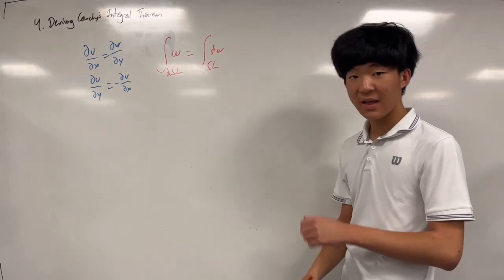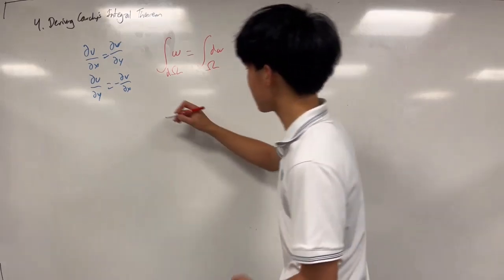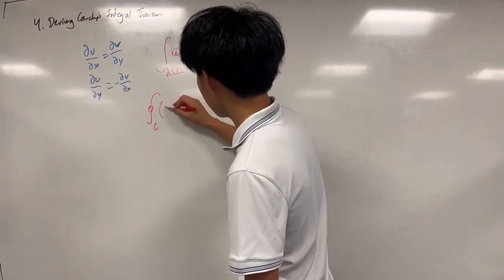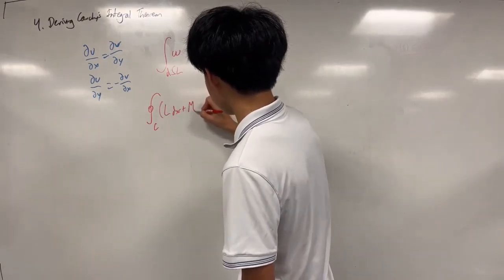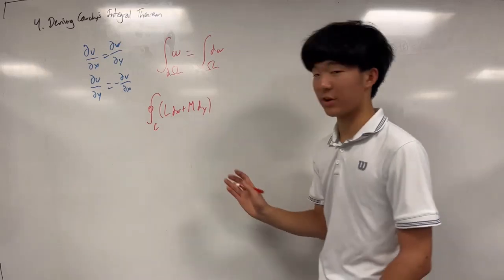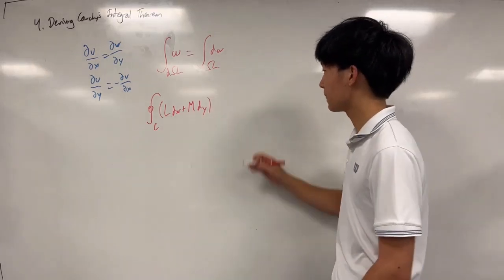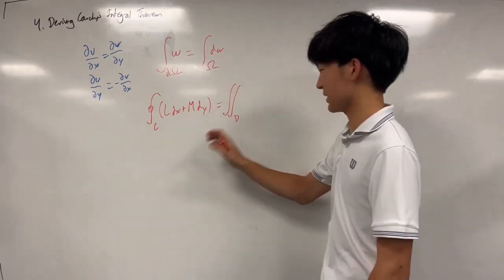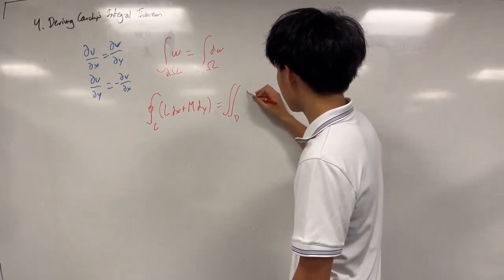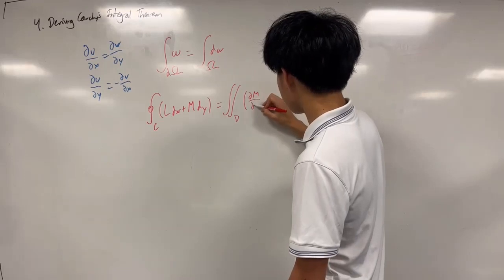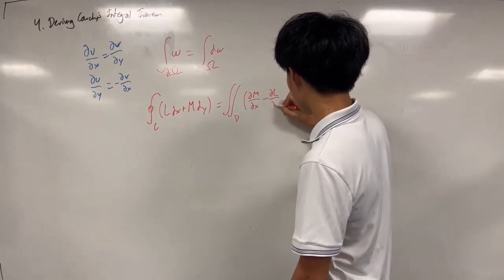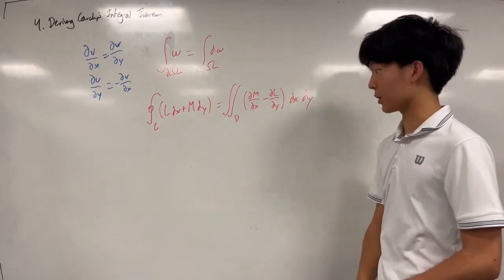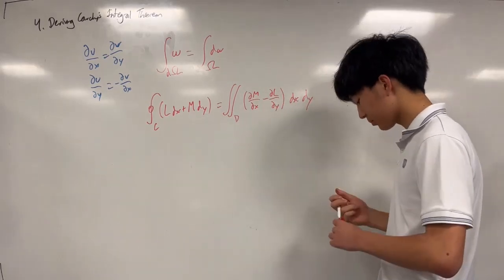That is conveniently provided by Green's theorem, which states that the contour integral of L dx plus M dy for two variable functions L and M is equal to the area integral over the region D bounded by C of del M del x minus del L del y dx dy. And this is where our area integral comes in.